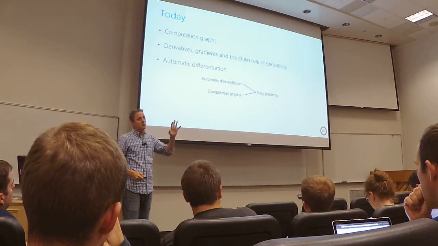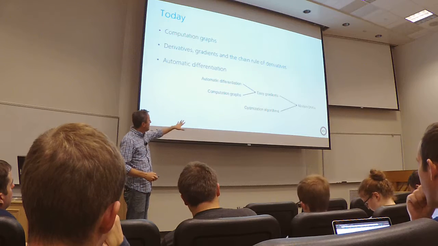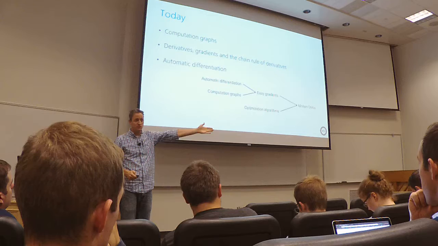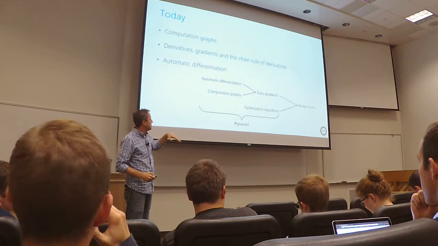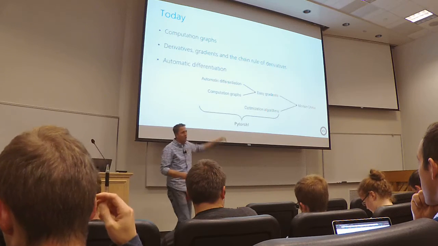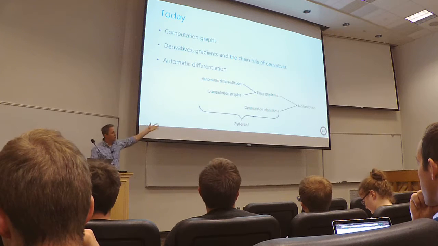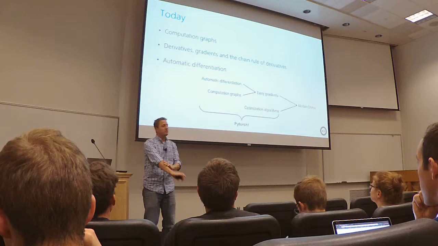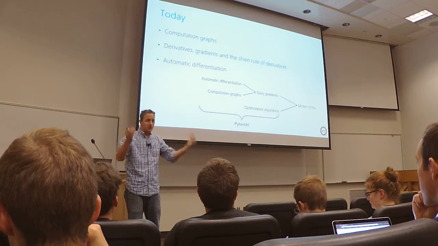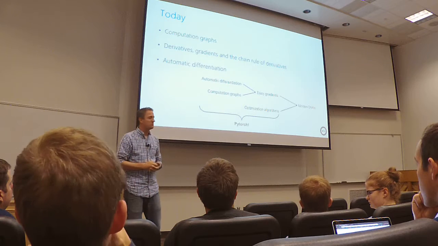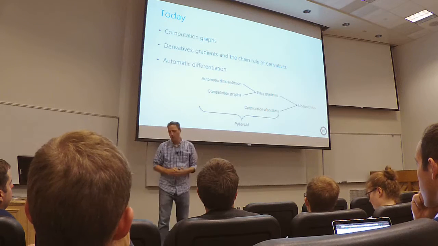And then you combine it with an optimization algorithm that lets you use those gradients to optimize the loss function. And that gives you modern deep neural nets. And all of this stuff here is what PyTorch is doing for you. So PyTorch is a framework that helps us do all of this stuff really, really easily. That's why we're teaching it to you. But I don't want to just give you the tool without you understanding what it's doing. That's the purpose of these lectures. So we're going to cover all these different parts.